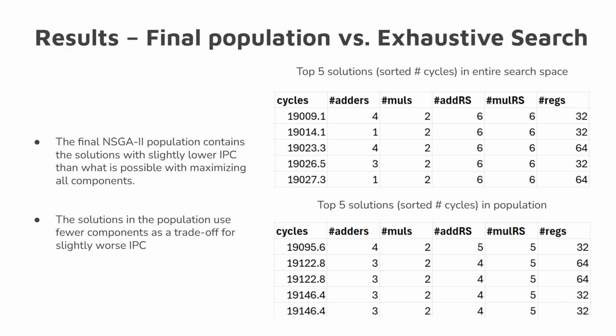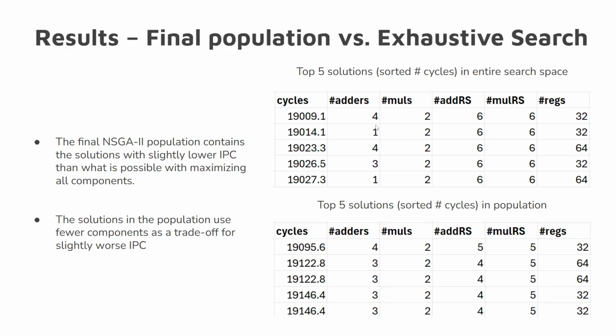So looking at the top 5 solutions sorted by number of cycles required for the whole search space, you can see this is the best configuration found, which has the maximum number of adders, multipliers, reservation stations, and it has a large value for number of registers, but not the maximum.